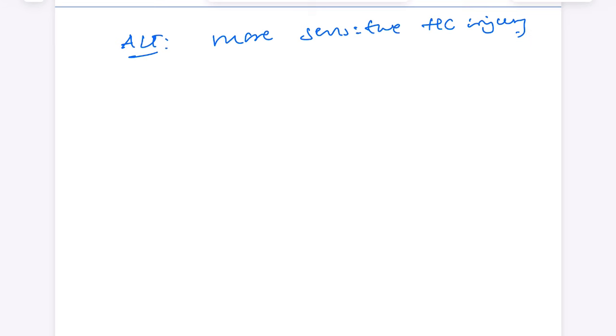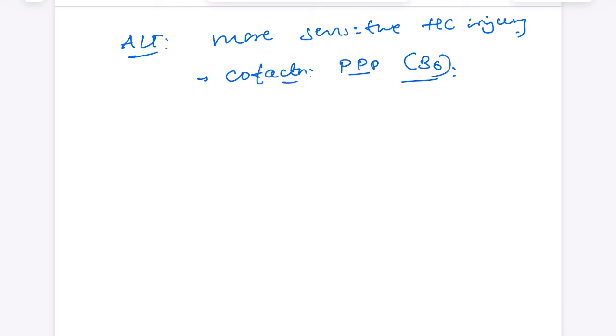Let's now discuss ALT. ALT is a more sensitive marker compared to AST, a sensitive marker for hepatocellular injury. It is also more abundantly found in the liver, and its cofactor is pyridoxal phosphate, that is vitamin B6.